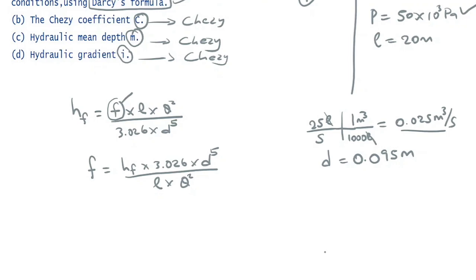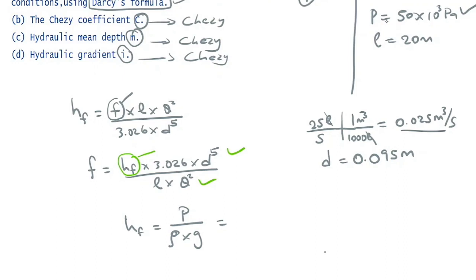Here we have the diameter, we have the flow rate, but we don't have this HF. To find this HF, we will use this formula. HF is equal to P divided by rho times G. That's the formula we are using to find HF, which is the loss of head due to friction.